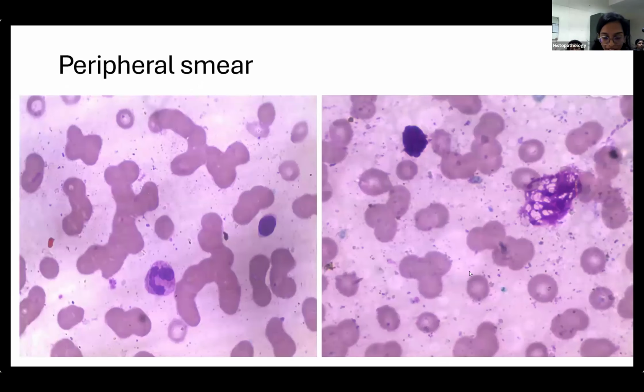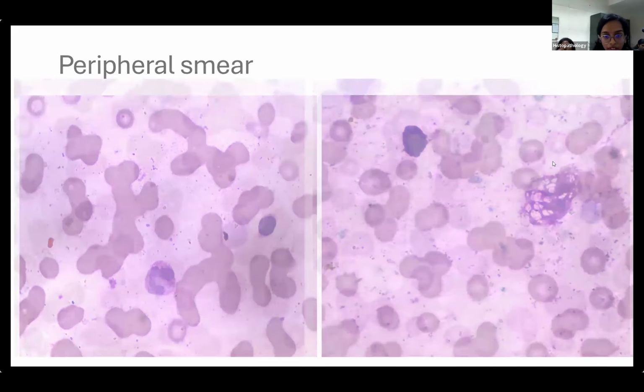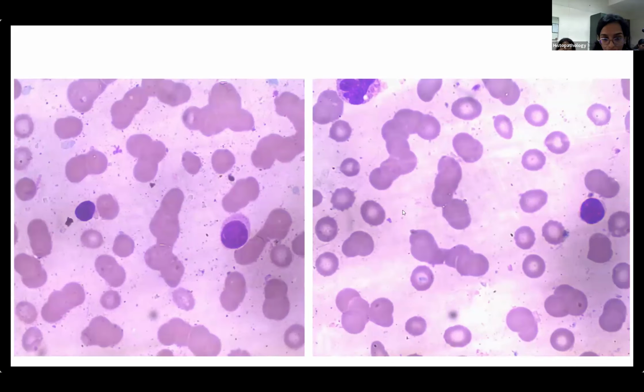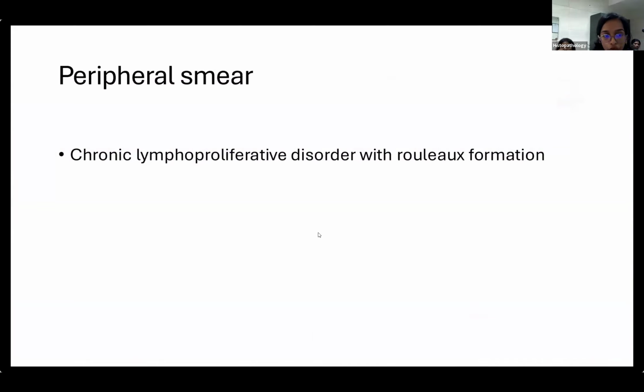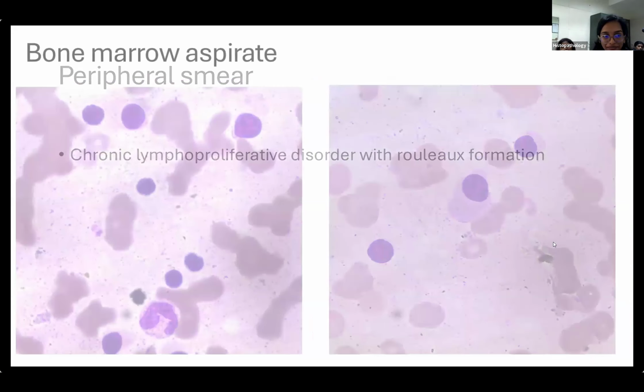We did a peripheral smear, which shows RBCs with rouleau formation, and predominant atypical lymphoid cells with clumped chromatin and increased smudge cells. Here again we can see atypical lymphoid cells with clumped chromatin. Peripheral smear showed a chronic lymphoproliferative disorder with rouleau formation.